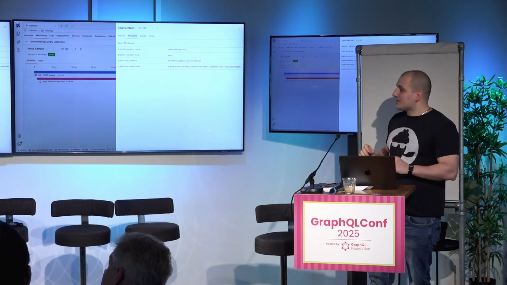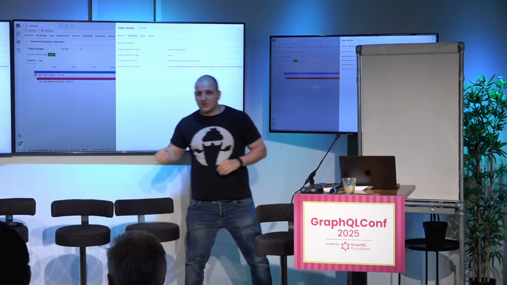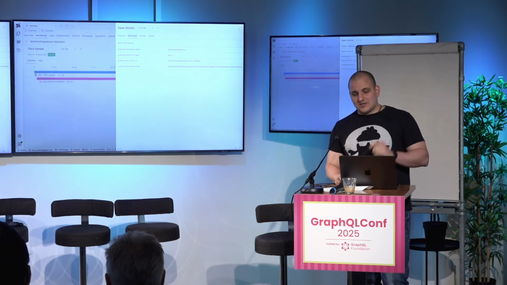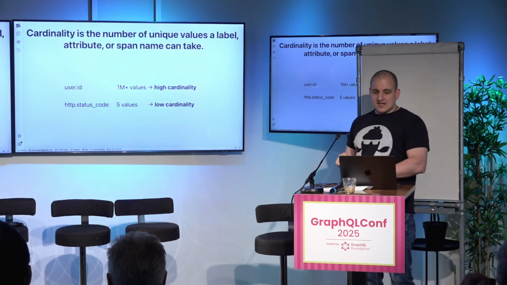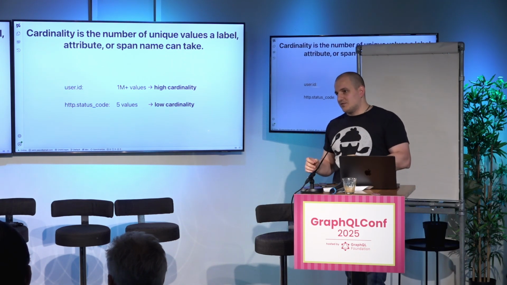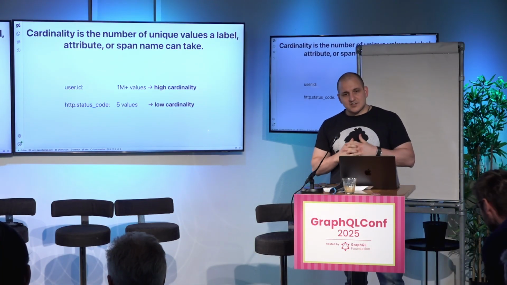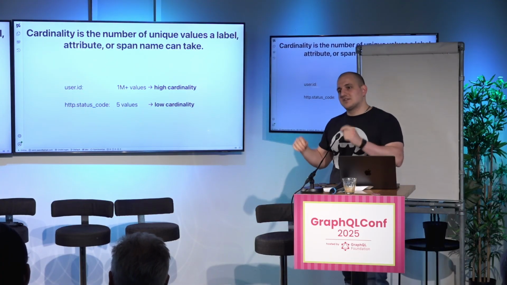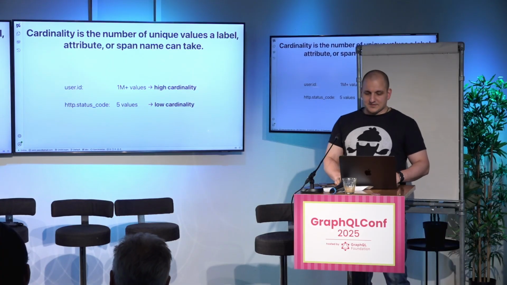And this problem is that the span name, which you can see here, is the operation type and the operation name. And to understand this problem, we first have to understand what cardinality is. Cardinality is the number of unique values an attribute can take, an attribute name can take, or a span name can take. Attribute values can have high cardinality, but the labels should have low cardinality. Span names should also have low cardinality.